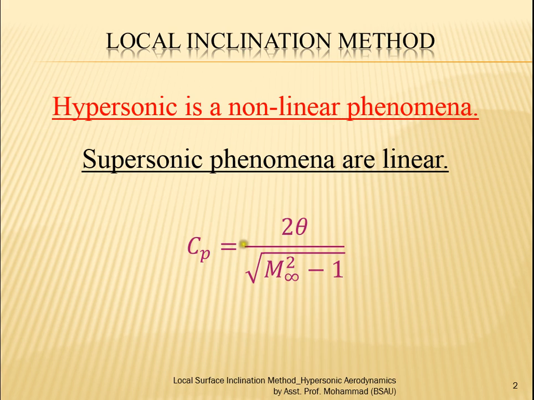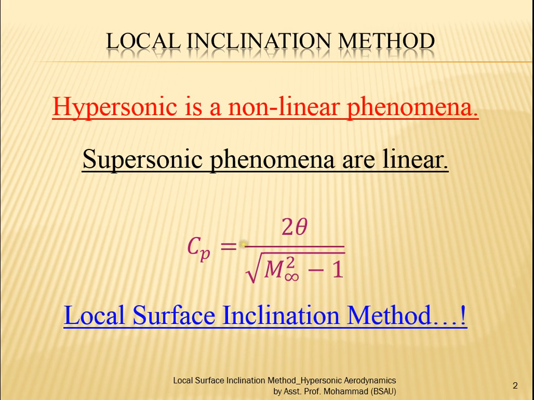In the case of hypersonic, this is not happening. So we do not have any linear relations available, but there are some relations which involve the coefficient of pressure with the inclination of the flow.